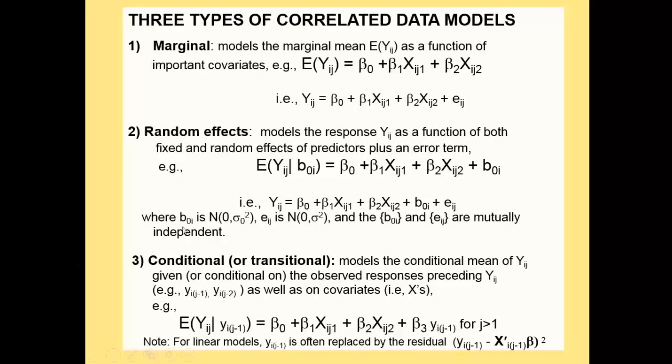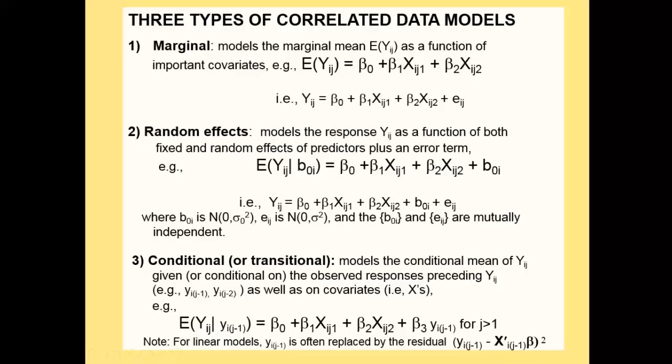Because we're saying that b0i and eij are both distributed normally with mean of 0. So if we took the expected value of b0i, that would end up dropping out of the model that we wrote up here, which would be no good. We don't want that to happen. So instead of saying the expected value of yij, we say the expected value of yij conditional on b0i so that we can write the model this way. Just in case you had a question about that, that's essentially why it is.